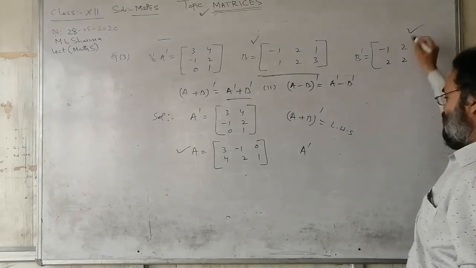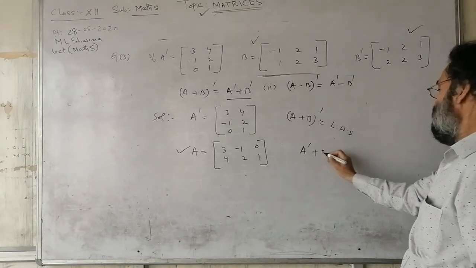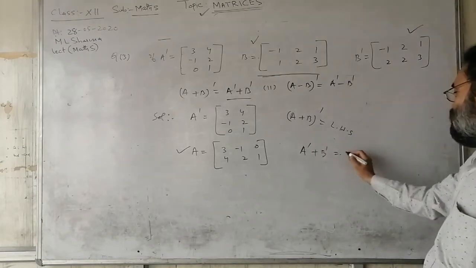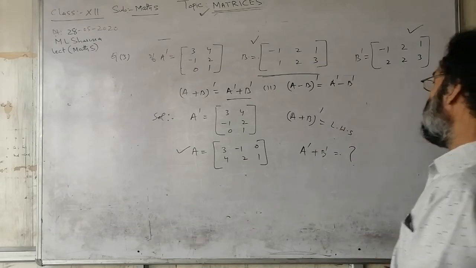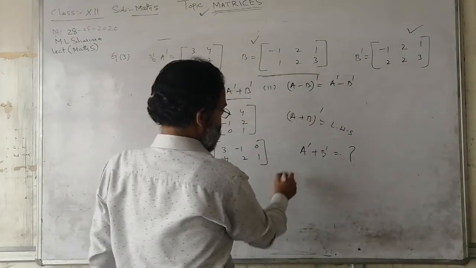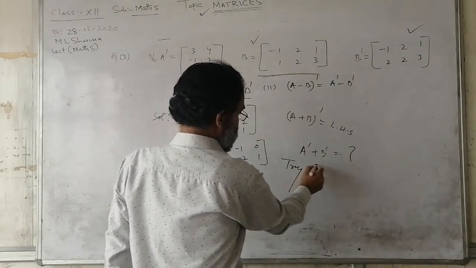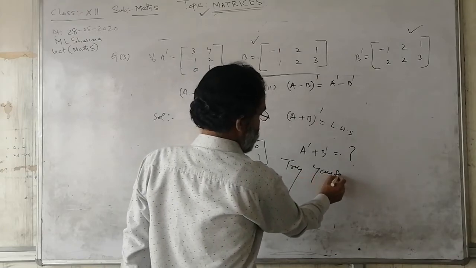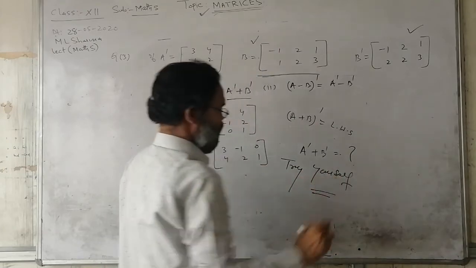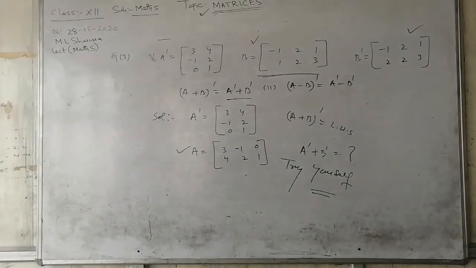So add A transpose and B transpose. This value will equal your left hand side. So you can try yourself. So this was question number 3 of the same exercise.